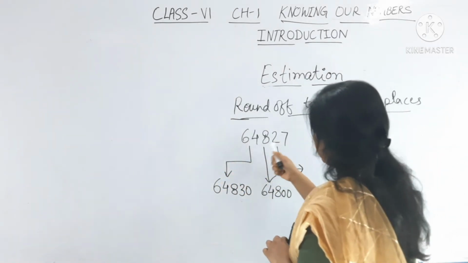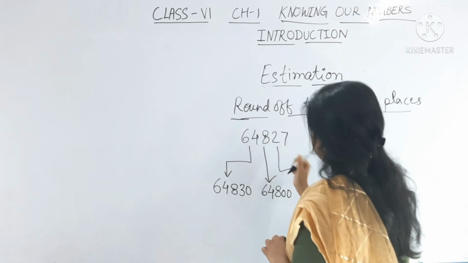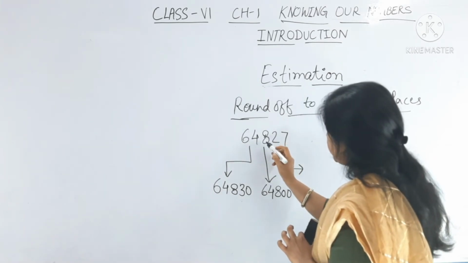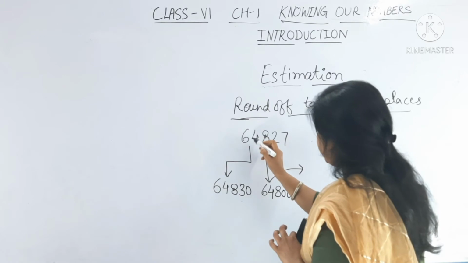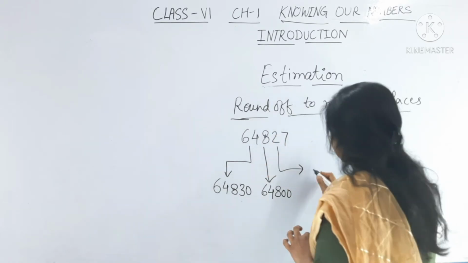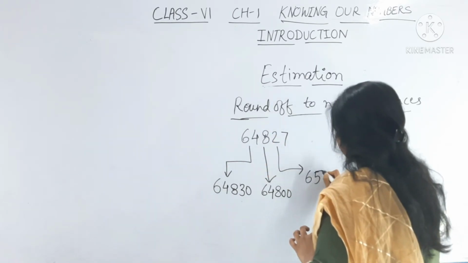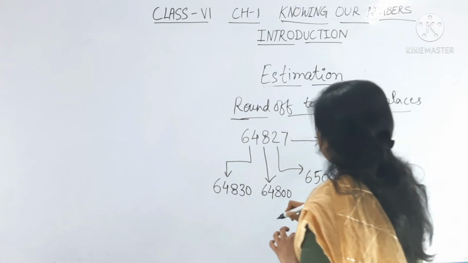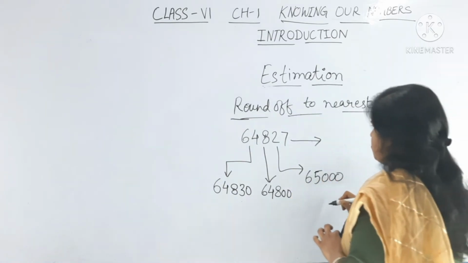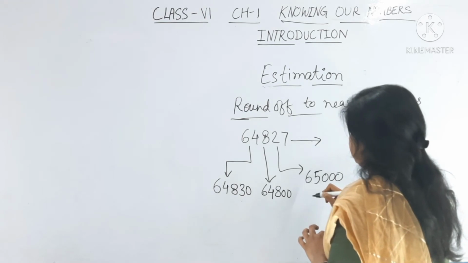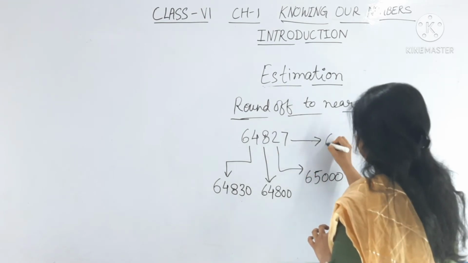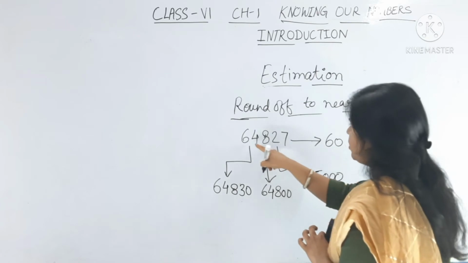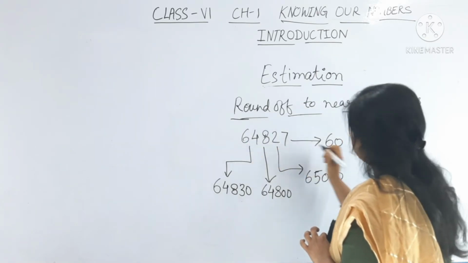Then again we have to change in the hundreds place. So here is 8, so it will change to 5, that is 65,000. Then this one is 4, so no change will be here because it is 4.